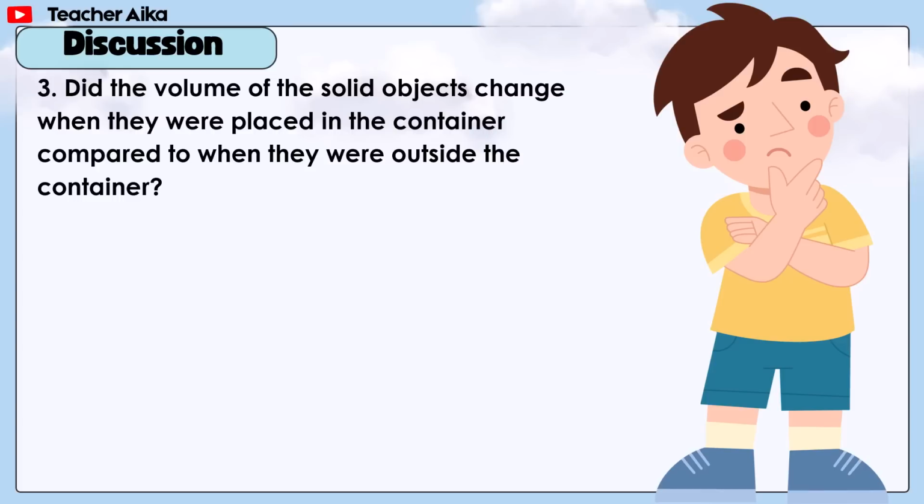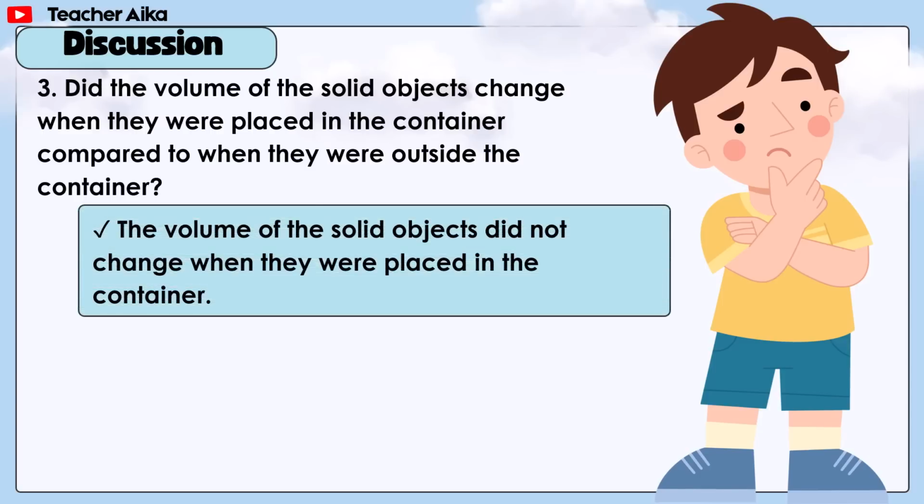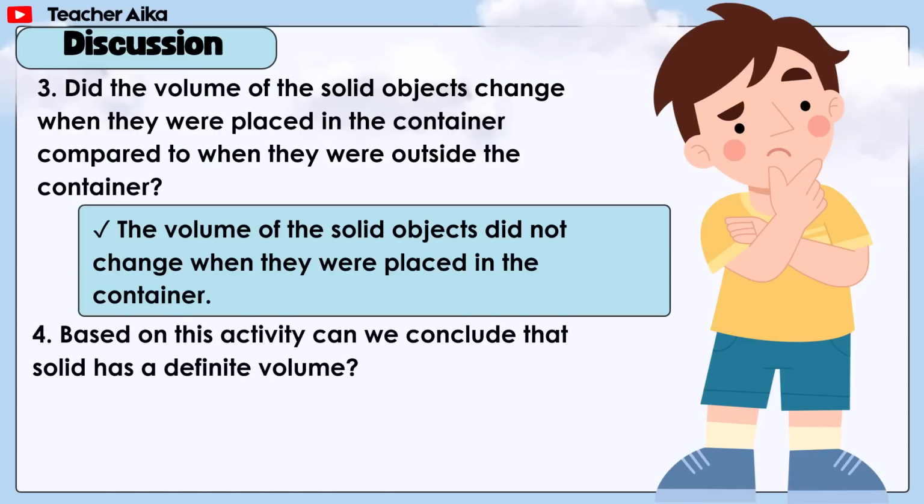3. Did the volume of the solid objects change when they were placed in the container compared to when they were outside the container? Answer: the volume of the solid objects did not change when they were placed in the container. 4.